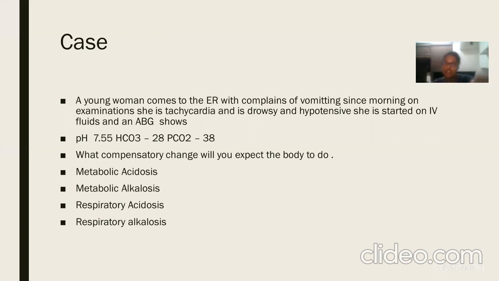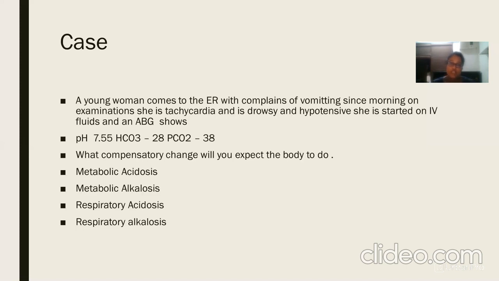Those are the clues you get from the case. Her pH is 7.55, her bicarb is clearly higher than normal at 28, so this is metabolic, and her PCO2 is 38, which is in the normal range. So she is in metabolic alkalosis.